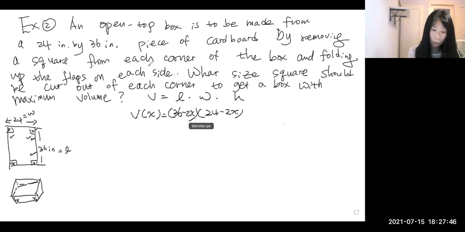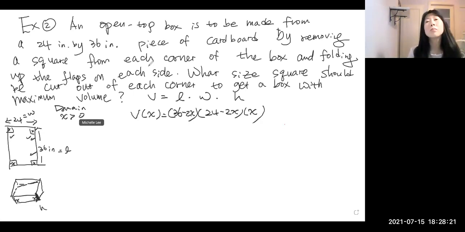Is it clear? Now we are looking at the height here, okay? The height we call x. Now let us find the feasible domain, okay? x must be greater than 0, right?